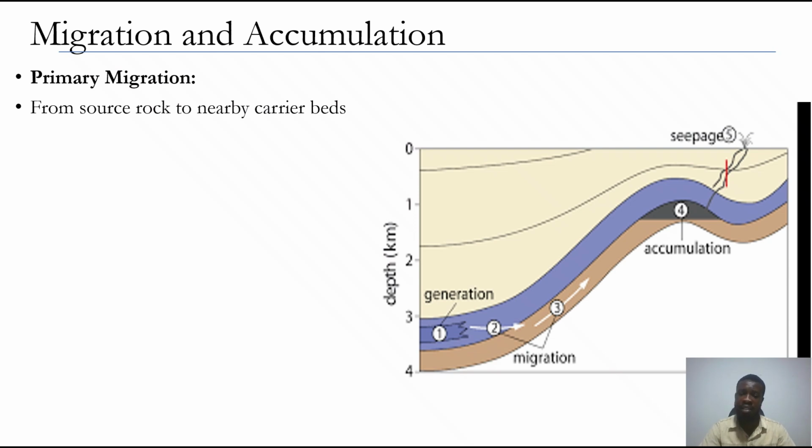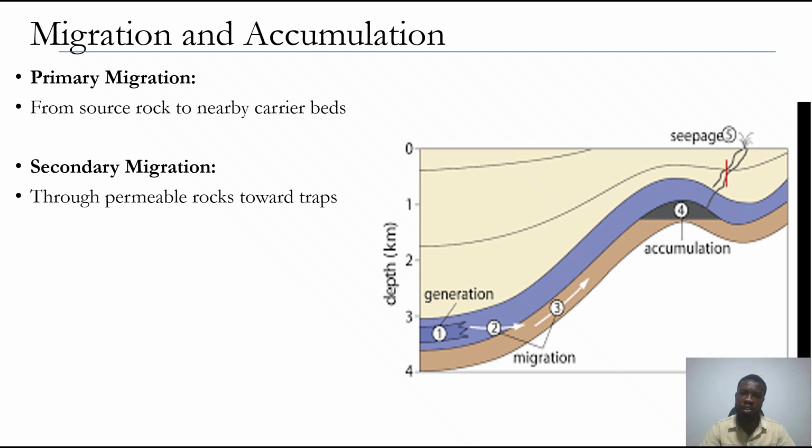You can think about it as maybe you're cooking in the kitchen and you have oil spilling. The oil would move around the kitchen. It's not going to go any further. So that initial movement is what we call primary migration. I also have what we call the secondary migration. The secondary migration moves further away. Supposing this oil now starts moving from the kitchen up to your bedroom, you realize that's quite a distance, isn't it?